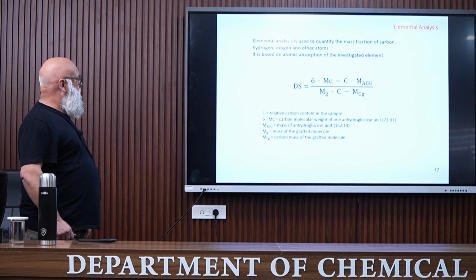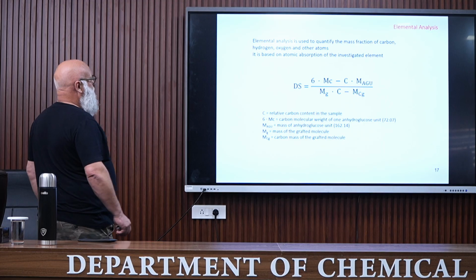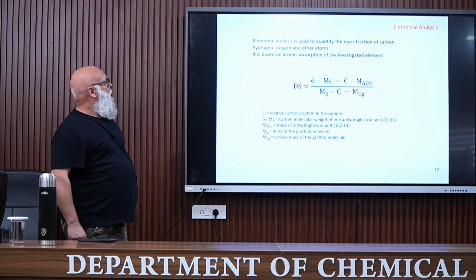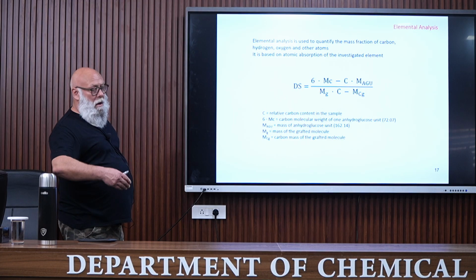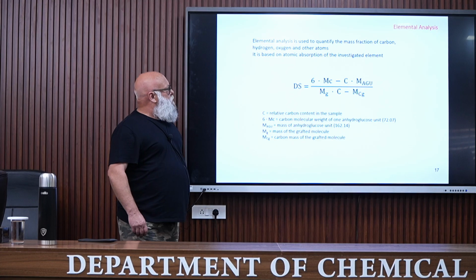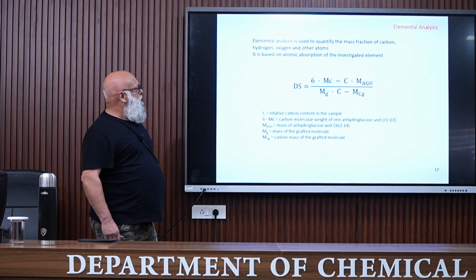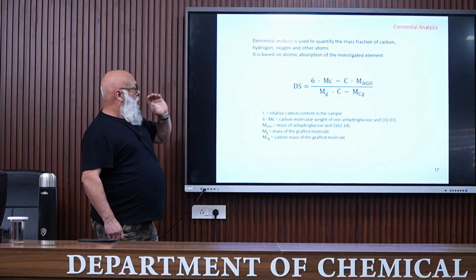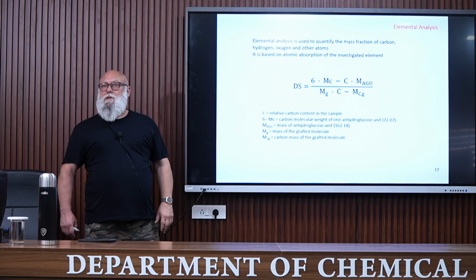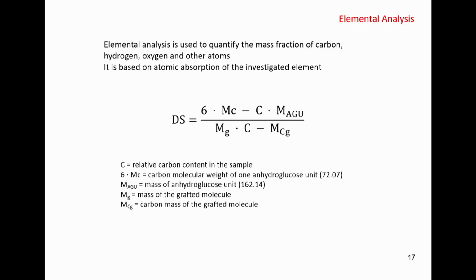So elemental analysis can also be used. So it is used to quantify the mass fraction of carbon, hydrogen, oxygen, and other atoms. So it is based on atomic absorption of the investigated element. And this equation can be used to determine the degree of substitution.